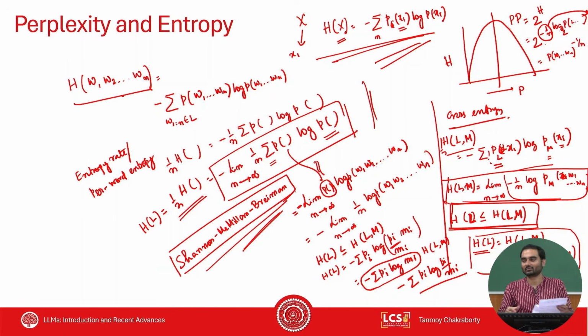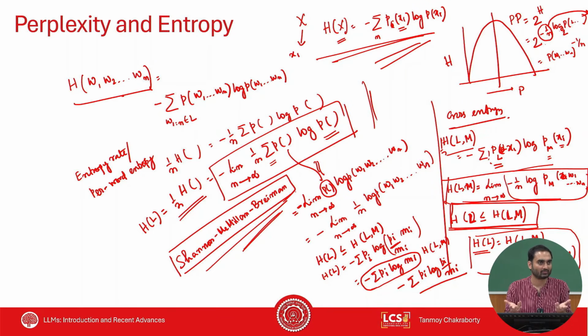right? Now pause and ponder, think about it. What is entropy? Intuitively, entropy says the average number of bits required to encode an information, right? Log of what? Log of 1 by pi? What is minus log of pi?